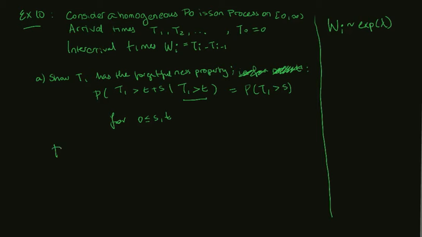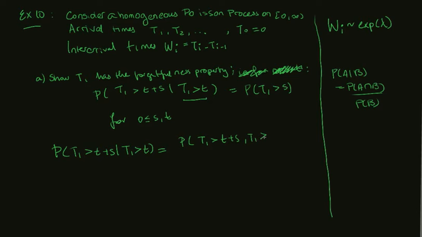It's pretty simple, really. The probability that t1 is greater than t plus s, given t1 is greater than t. This is just the probability of one event conditioned on another, which, as we recall, is the probability of the intersection of the events divided by the probability of what we condition on. So this is the probability of t1 being greater than t plus s and t1 being greater than t, divided by the probability that t1 is greater than t.